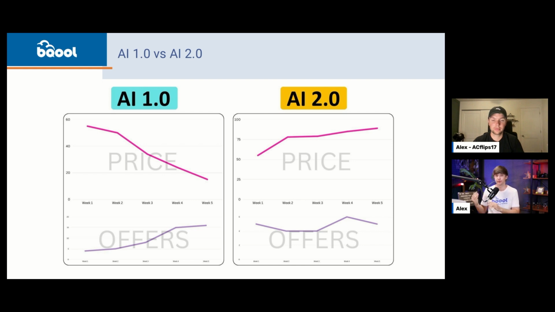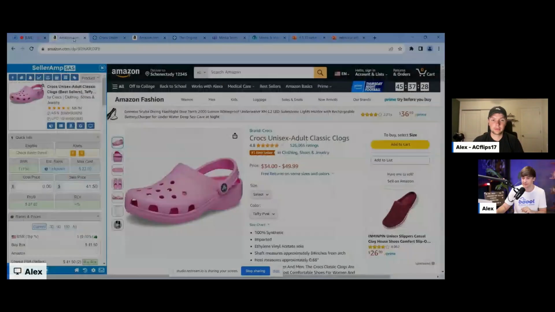But for the new rules, if you can see that the price is going up and the amount of offers is going down, or maybe it's not increasing and the amount of offers is not too high, then it's good to use one of our AI 2.0 rules. And we actually can show you particular examples from Amazon. So maybe let me share my screen here and show you what we think would be really good examples.